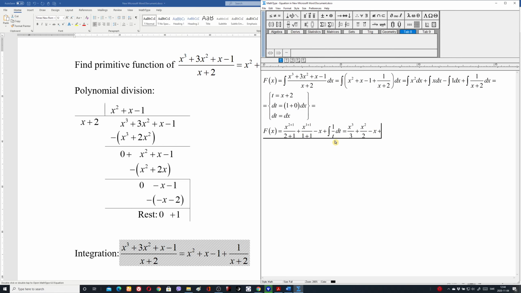And then now I know that the integral of 1 divided by t is ln absolute value of t, plus constant c.